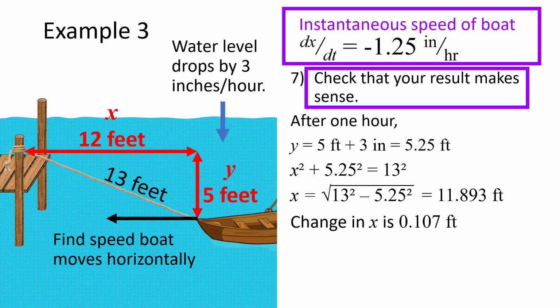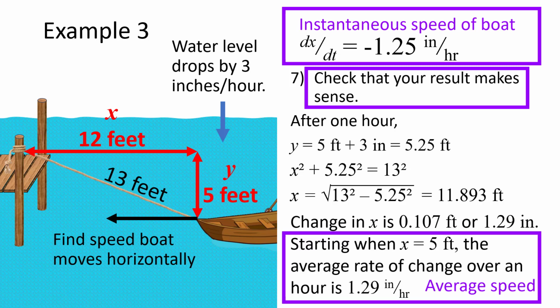Converting that to inches, we find that the horizontal position of the boat has changed by 1.29 inches over the hour. This gives the average speed over an hour as 1.29 inches per hour. We don't expect the average speed to be exactly the same as the instantaneous speed of 1.25 inches per hour, but it is close, which suggests that our result is probably correct.